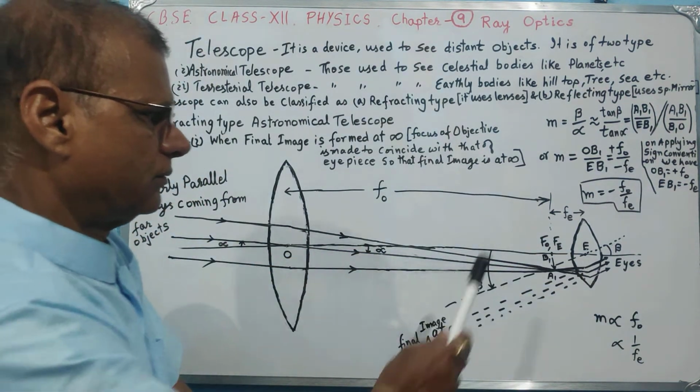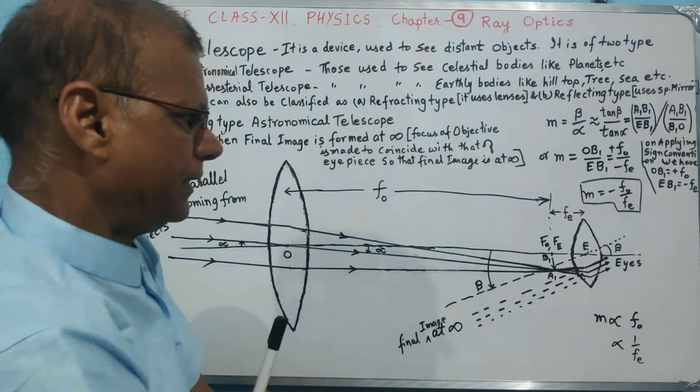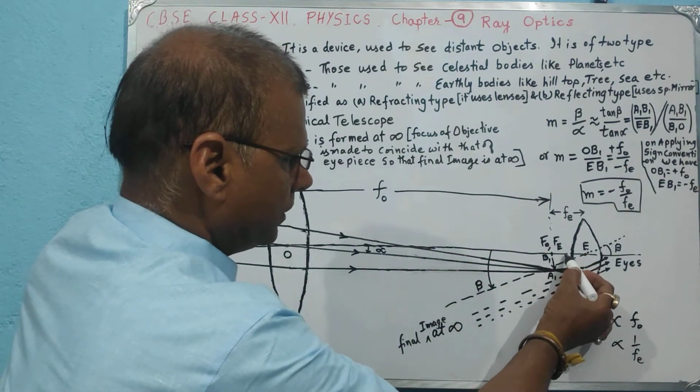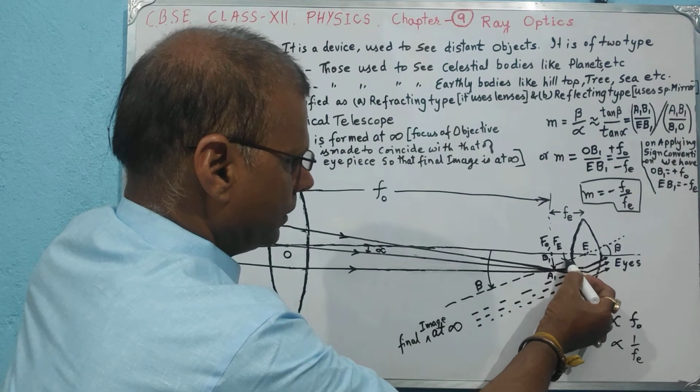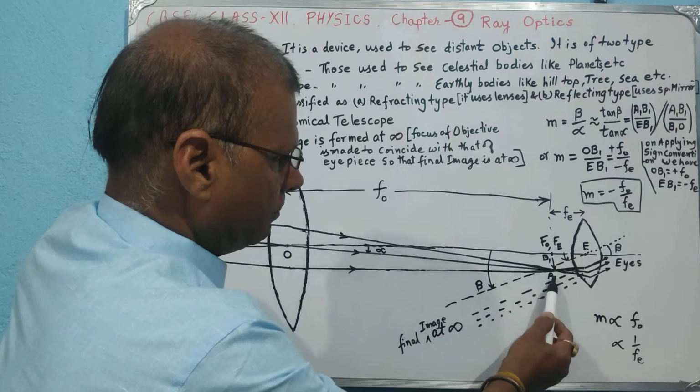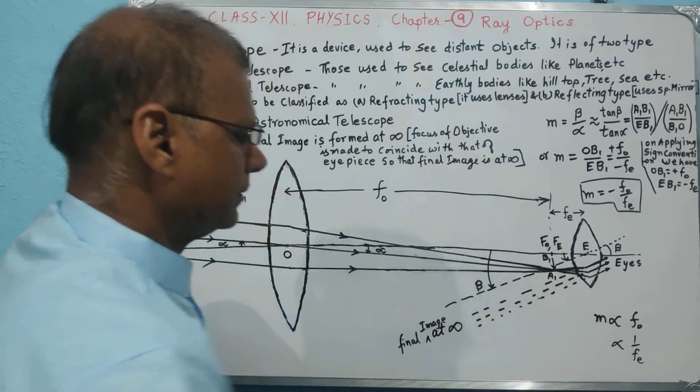And therefore we can write, this angle is equal to beta, tan beta is equal to A1B1 divided by EB1.